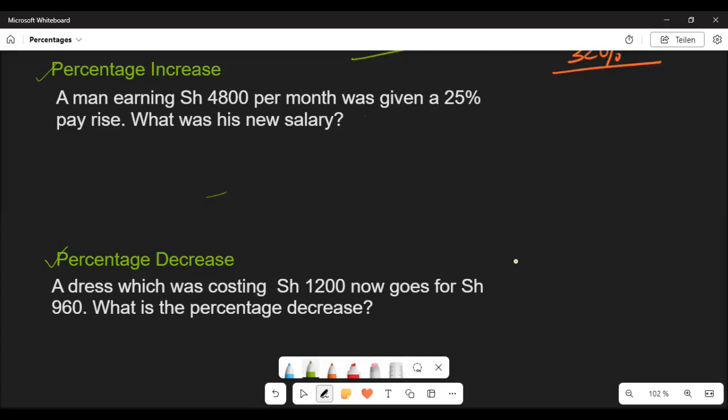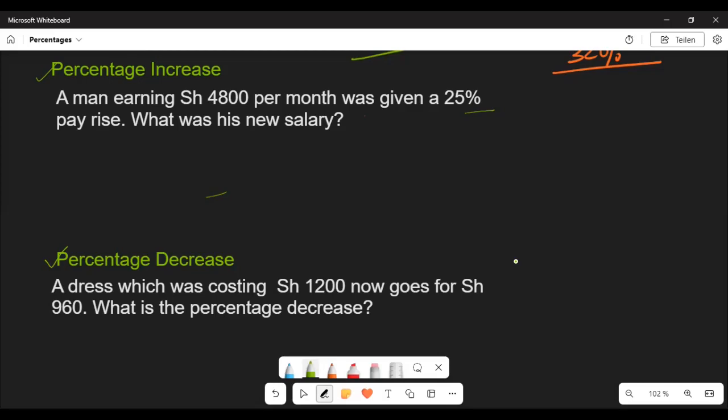So here's a question. Let's say a man earning, this is Kenya shilling, 4,800 per month, was given a 25% pay rise. What was his new salary? The kids were curious about why someone would get an increase of like 25%.